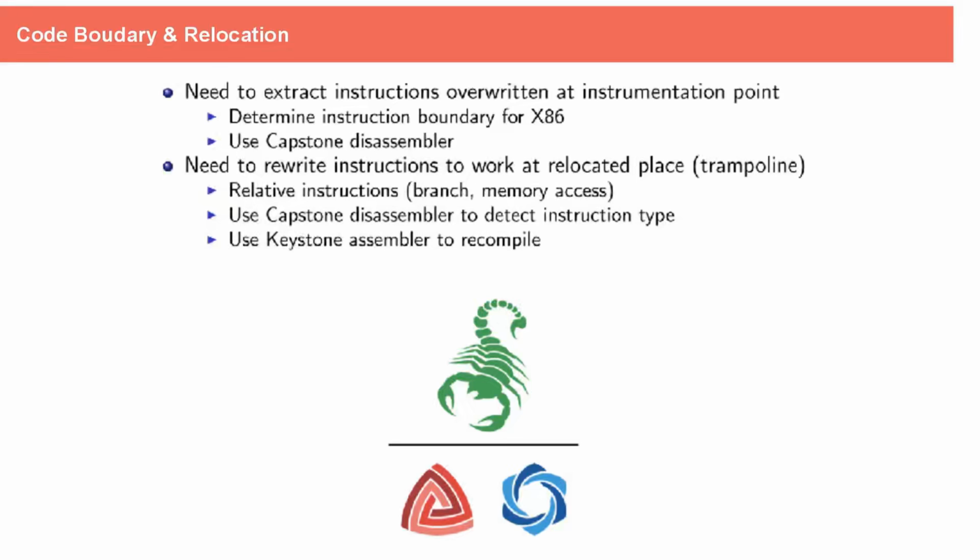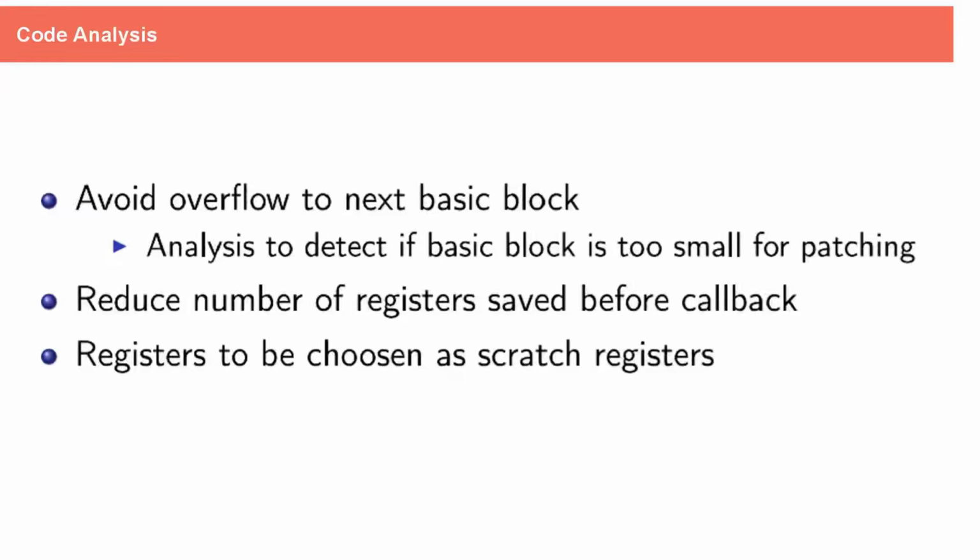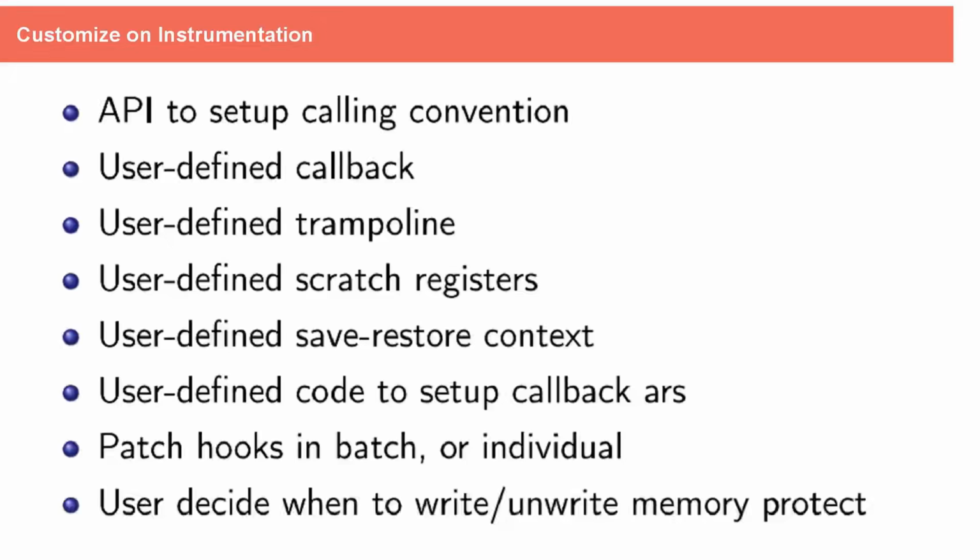Because Capstone and Keystone are cross-platform and cross-architecture, Scorpio built on top of them is also cross-platform and cross-architecture. Actually this framework is kind of complicated because we want to support many things and do our own kinds of optimization.